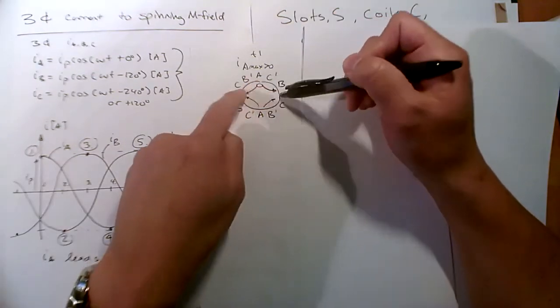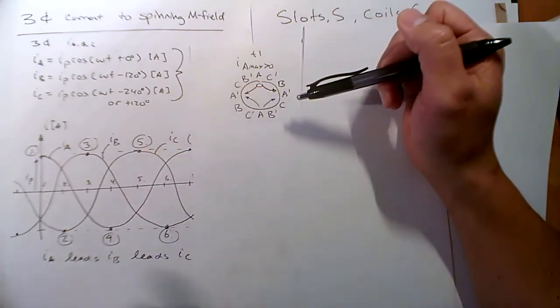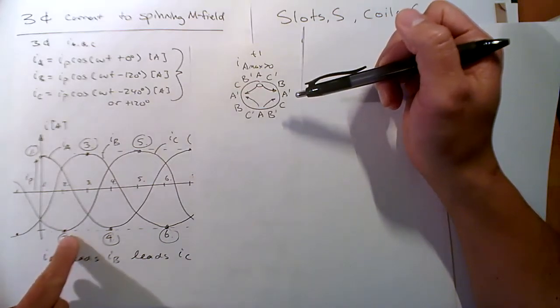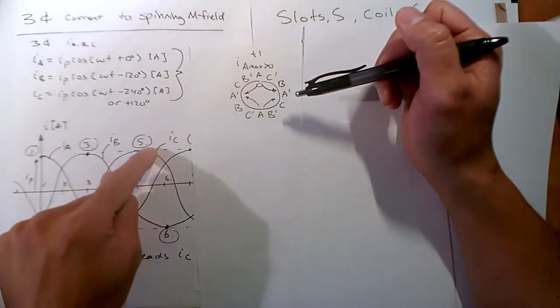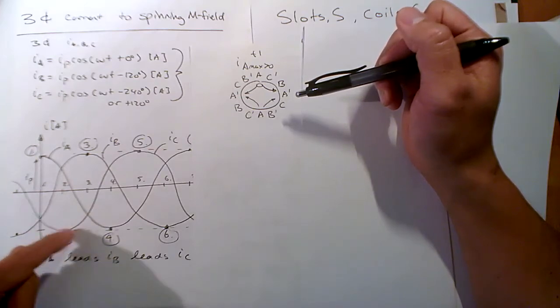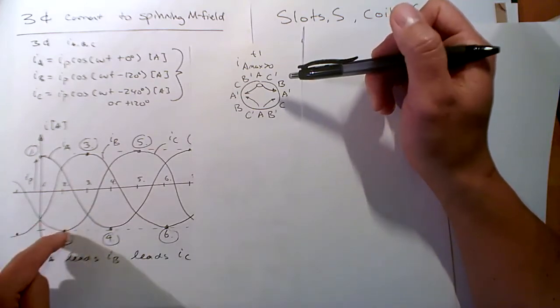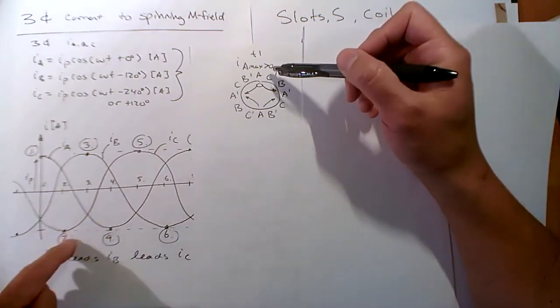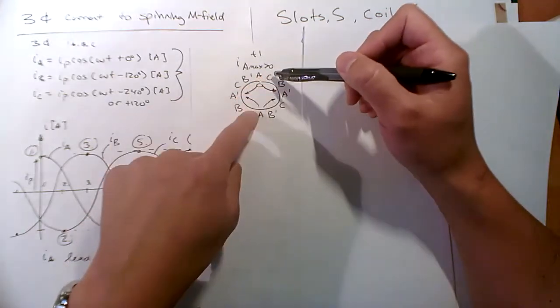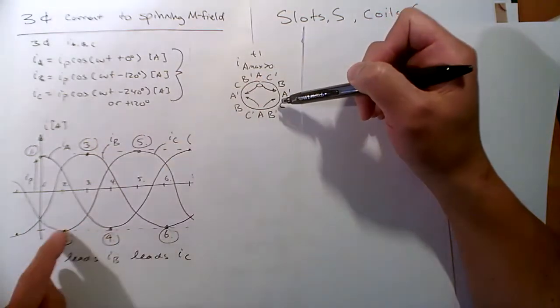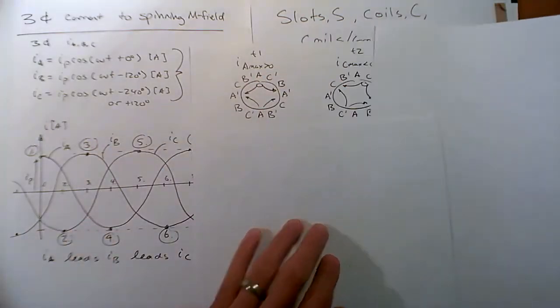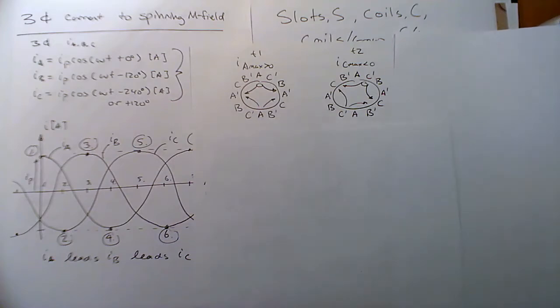So let's say the magnetic field looks like that. Now let's say we go to point 2. At point 2, what do we have? We have C, but it's maximum and negative, which means the magnetic field is going to flow out of C prime and go into C because we have a negative. So we're going to get something like this, slightly rotated.